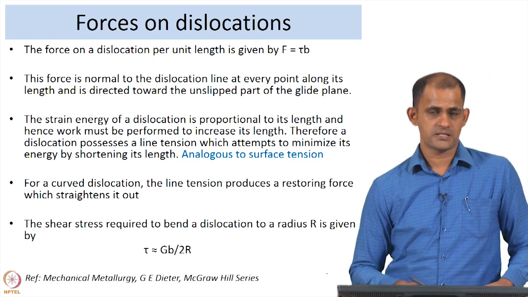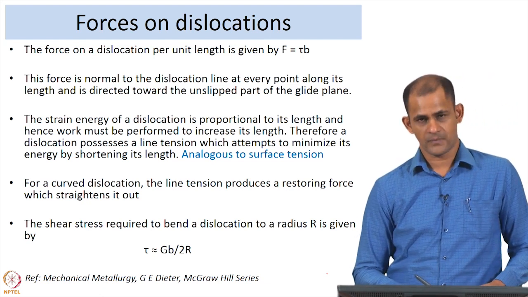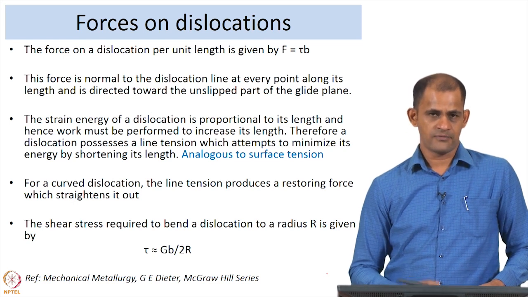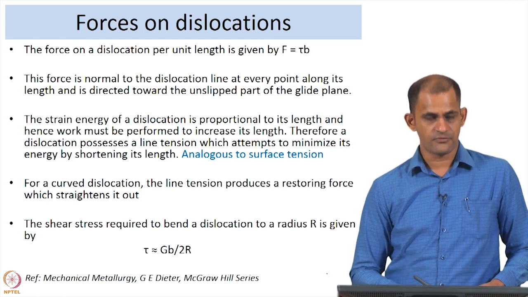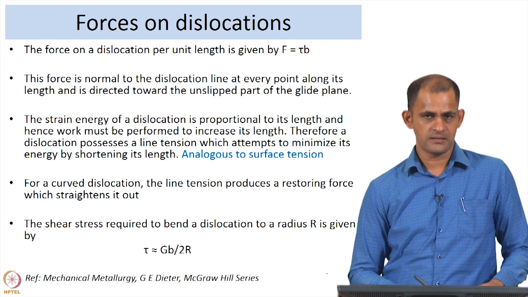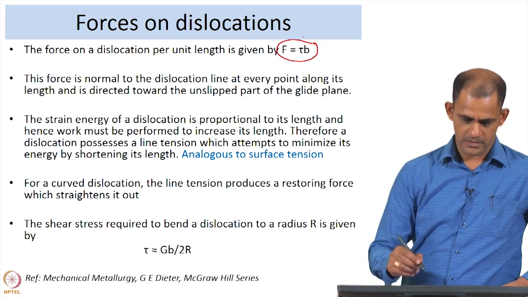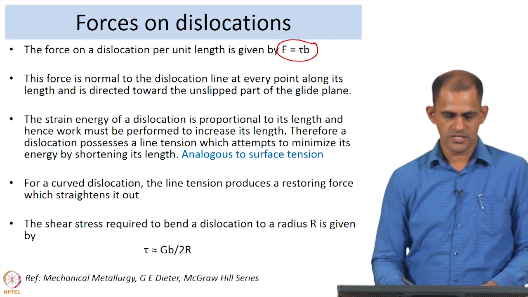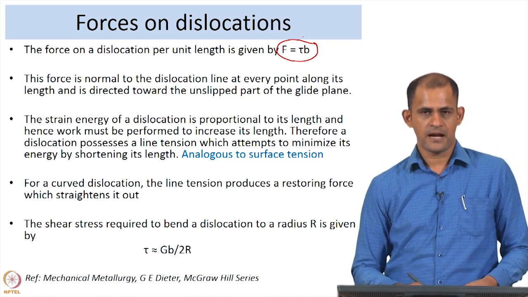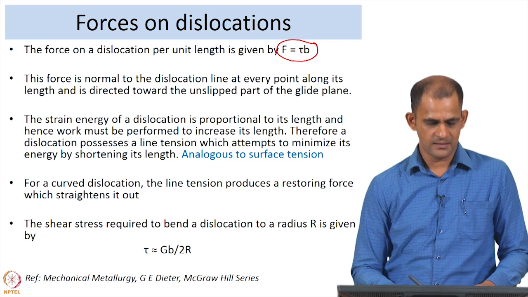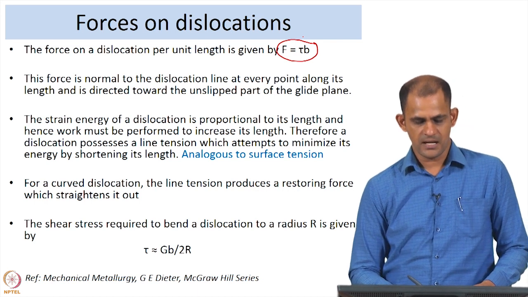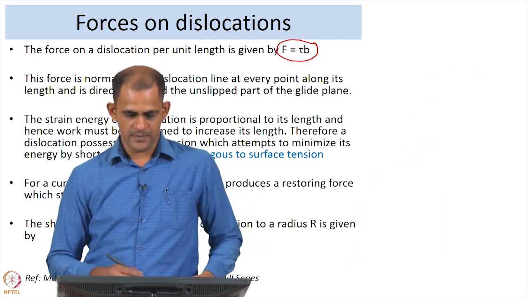Forces on dislocations are brought about by the stress field, but the first thing to talk about is the force on a dislocation per unit length, which is given by the following relation: F is equal to tau b, and this force is normal to the dislocation line at every point along its length and is directed towards the unslipped part of the glide plane.